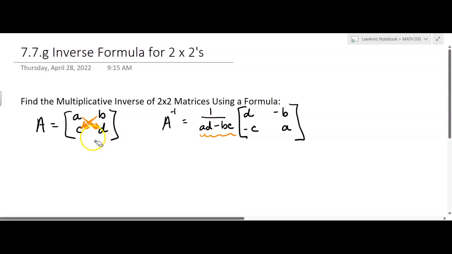Now, how do we get the other numbers? Well, you're switching these two for the matrix, and then you're taking the opposite signs of the other two entries, okay? So that's kind of how we remember it, but it's a little tricky to remember.